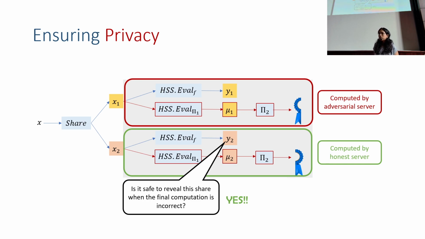So unlike in the interactive setting, where the output or the messages computed by an honest party could be influenced by the corrupt party, here, since the servers never actually talk to each other, the message computed by the honest server is never going to be incorrect. And so any sort of incorrect output that can potentially be reconstructed could only be because the share computed by the malicious server was malformed.